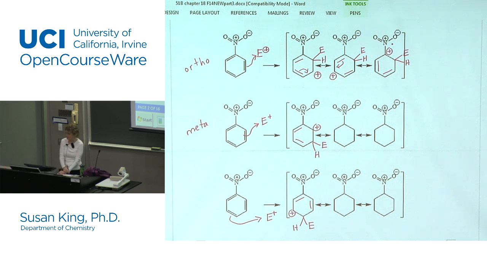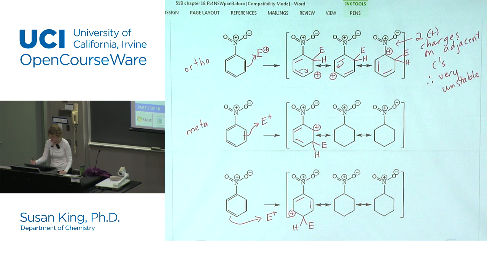Does anybody see a problem with that third resonance structure I just drew? We've got 2 positive charges right next to each other, right? 2 positive charges on adjacent carbons. Very unstable.